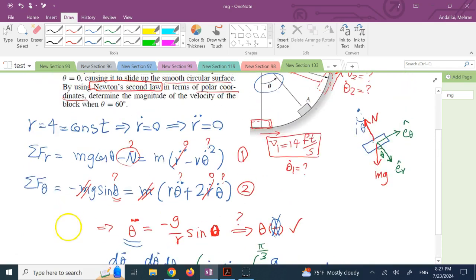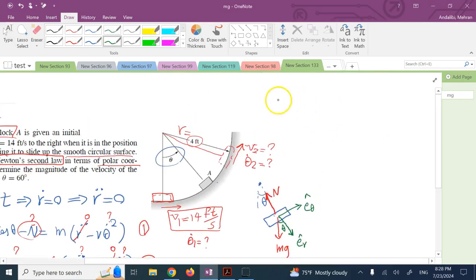The question is, how do we find theta dots? And the answer is, what is the formula for velocity in the r theta coordinate, in the cylindrical or polar? If you remember, v in general is r dot e_r plus r theta dot e_theta. But guess what? In this case, r does not change, so this component goes away.